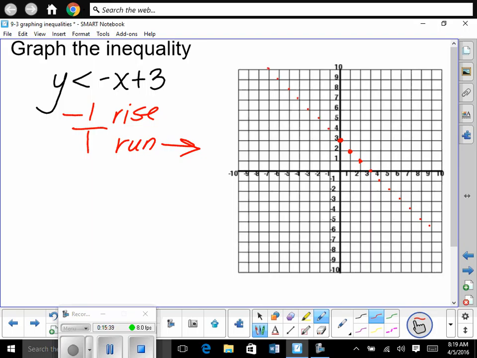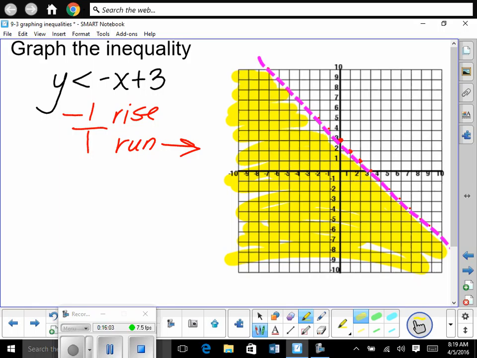Y values less than, not including the line. So I'm going to draw in a dotted line. And y values less than that would be below the line. Are we all good with this, with lines? If it would have been including, it would have been a solid line.